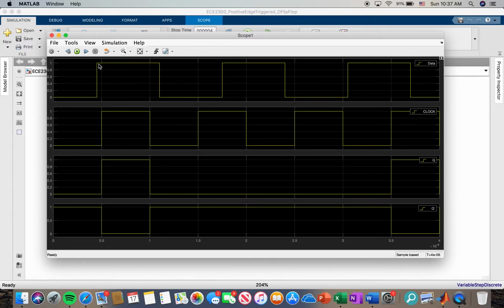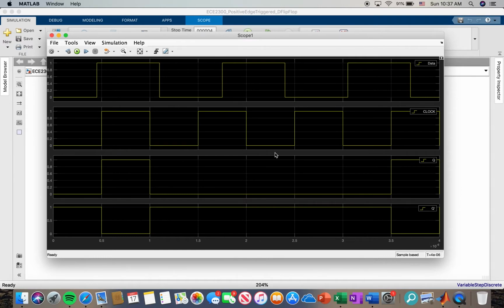So when the data goes to 1 on the positive edge of the clock, the output Q will then become 1 as well, and then on the negative edge it will reset. And then for the next positive edge of the clock, as the data is at 0, Q will become 0 as well.